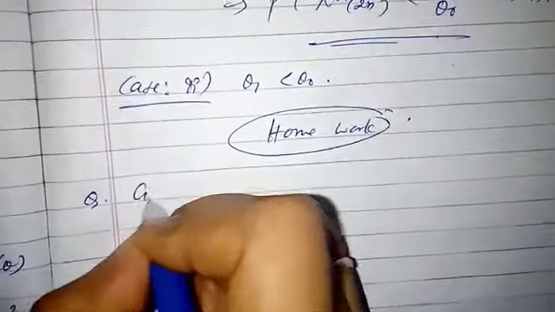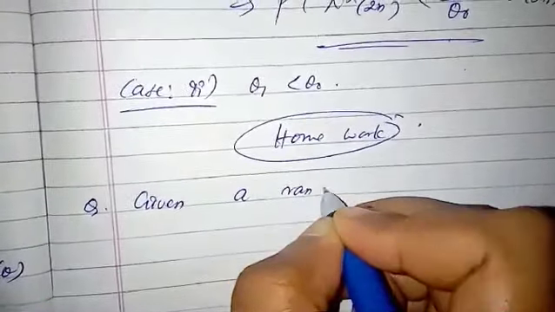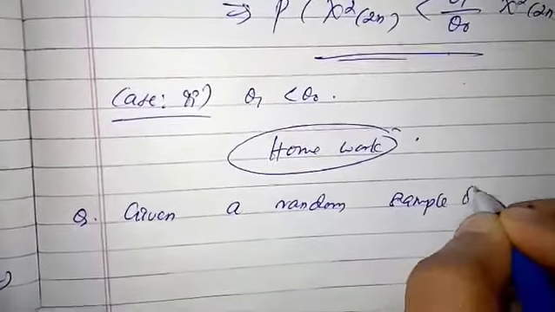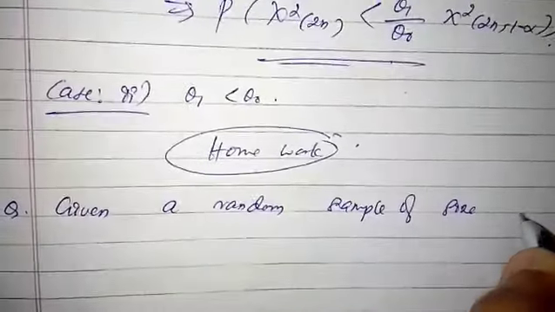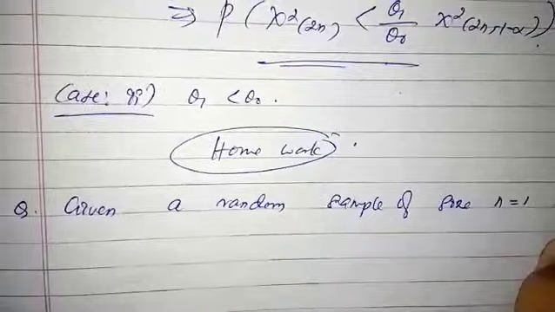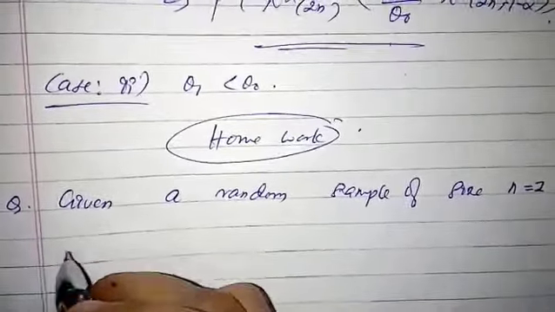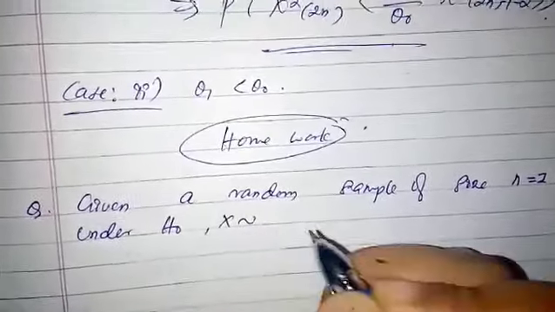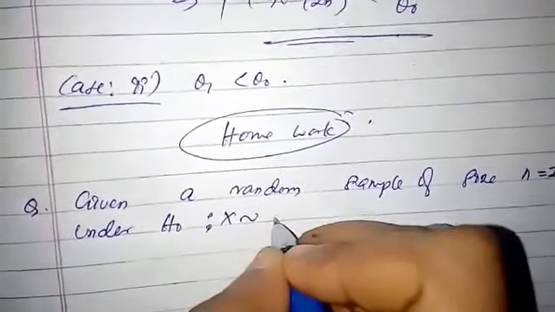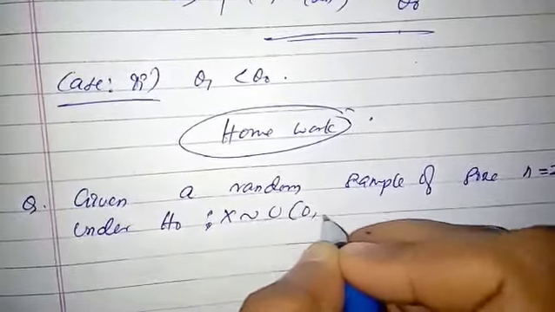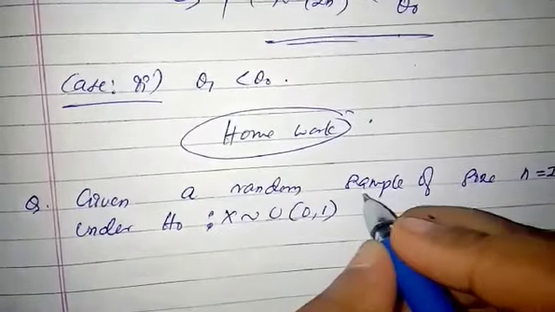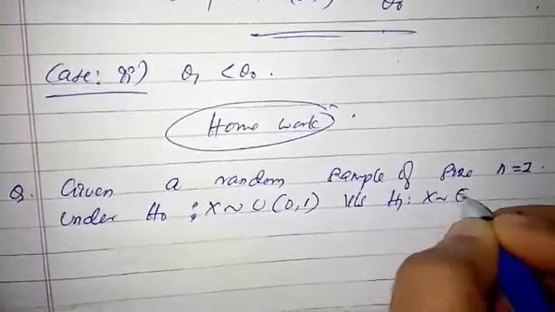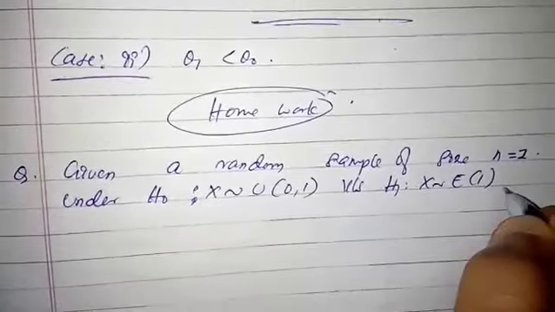And the question is: given a random sample of size n equal to 1, under h naught, x follows uniform 0 comma 1, versus h1, x follows exponential with parameter 1.